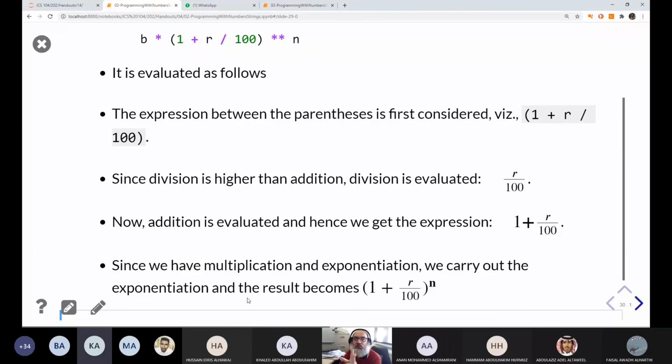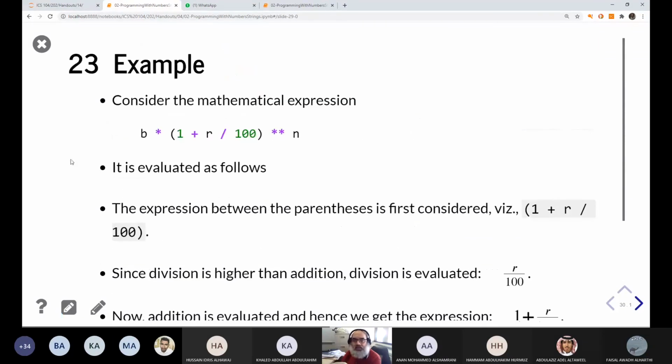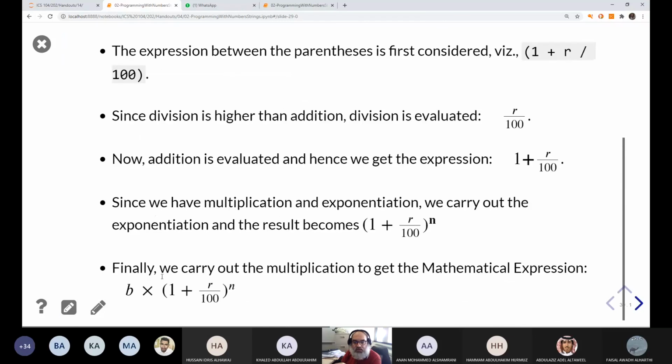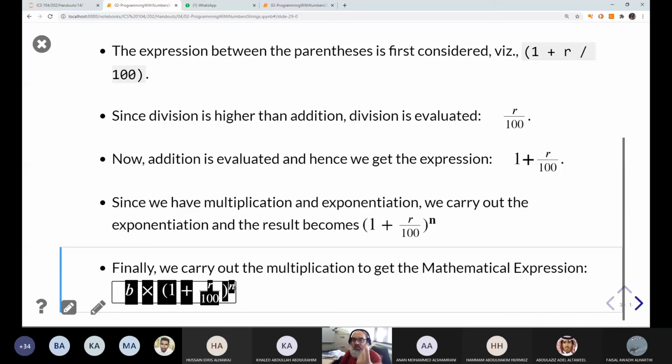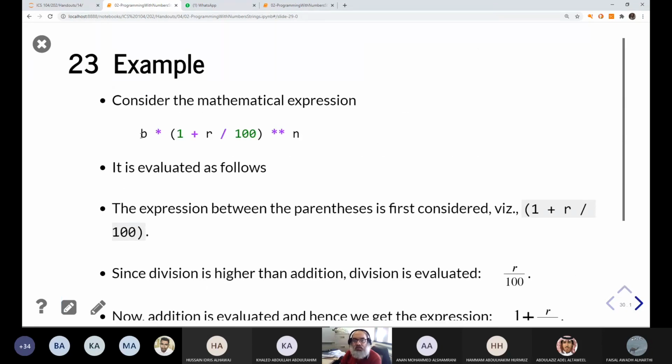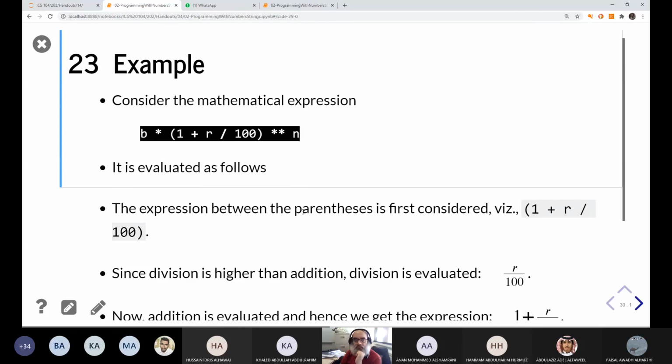So here you need to know two things. If I give you a Python expression, you need to tell me what it is about. And maybe the more important one is, if I give you an expression, I need to make sure that you can convert this expression into the proper Python expression.